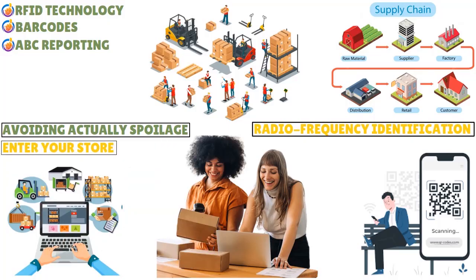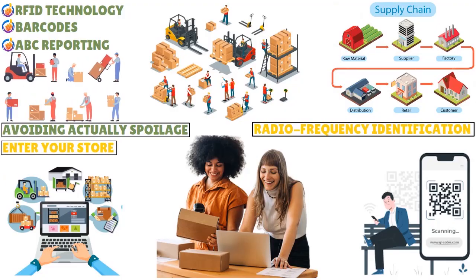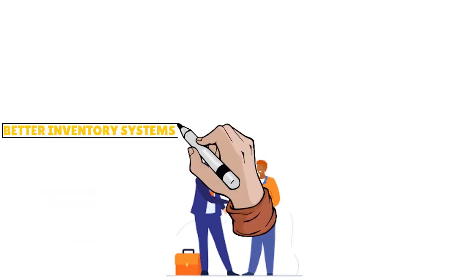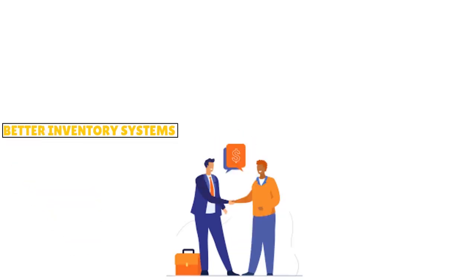It provides accurate, real-time insights into your inventory, helping you in the end make smarter decisions and keep your customers satisfied. See, the whole thing is if you're trying to reduce attrition, if you're trying to increase customer loyalty, if you want to have better inventory systems, barcode systems can help you.